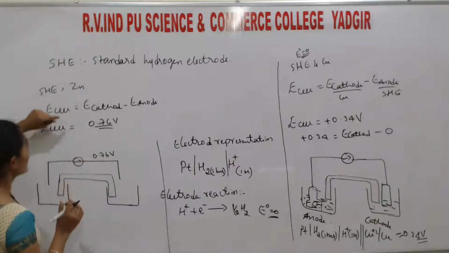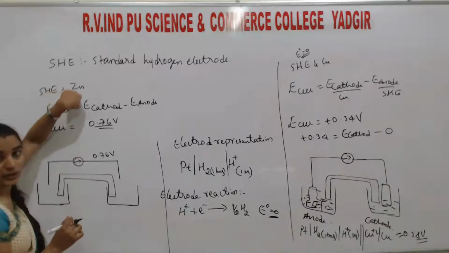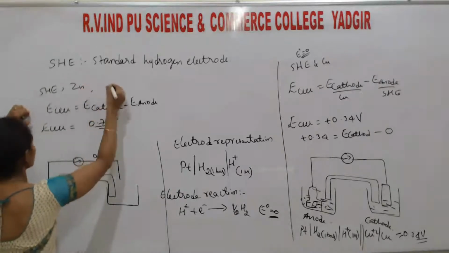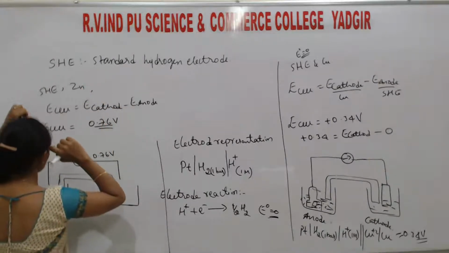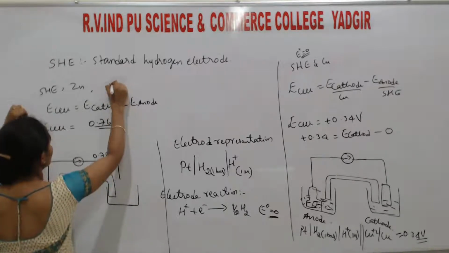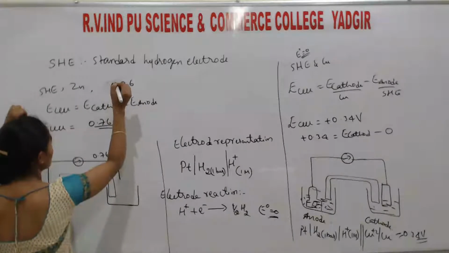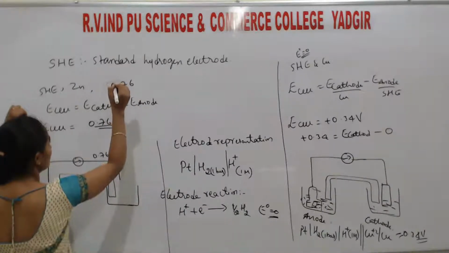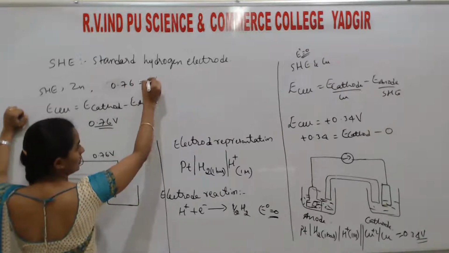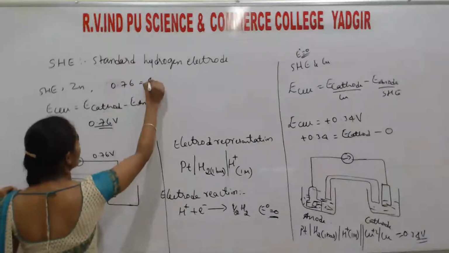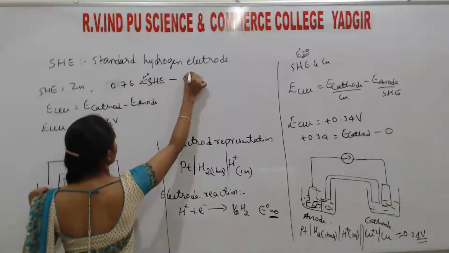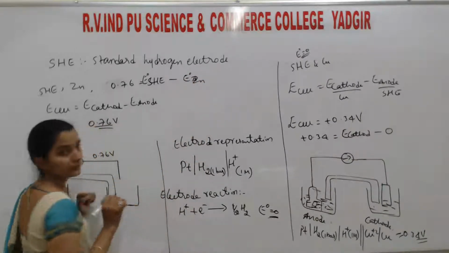Understand? Now we have to calculate E naught of this. Listen students, here E cell is how much? 0.76. That is equal to E naught of SHE minus E naught of zinc.